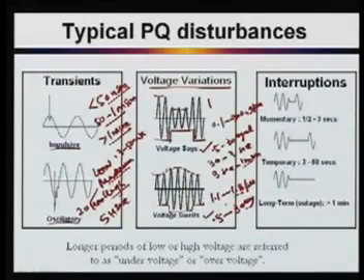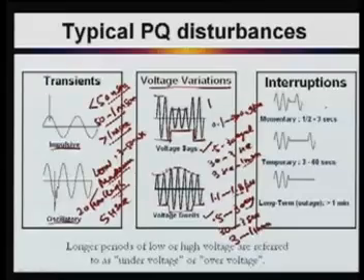It is also momentary, if your duration is from 30 cycles to 3 seconds, then it is called momentary voltage swell. And if it is from 3 seconds to 1 minute, then it is called temporary voltage swell. Now let us come to your interruptions.